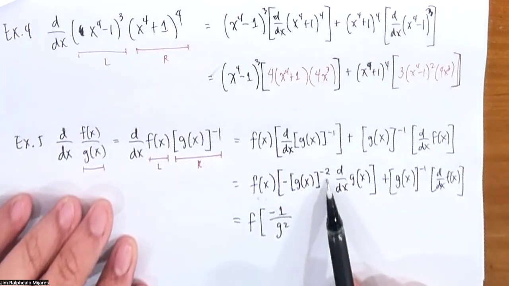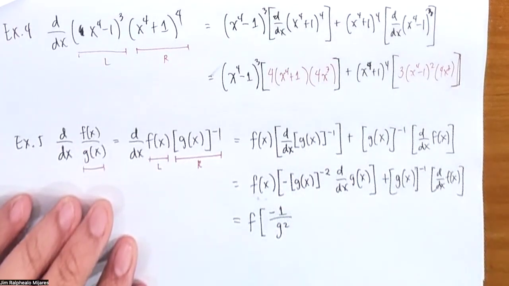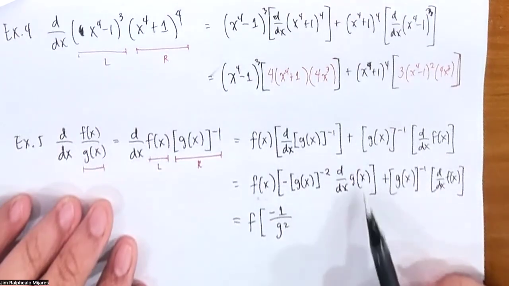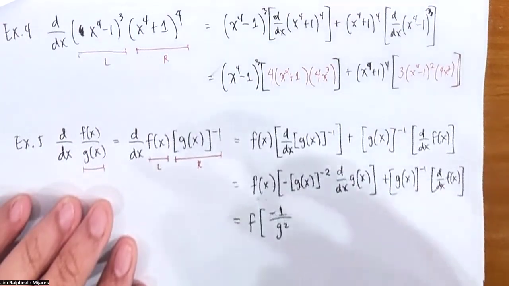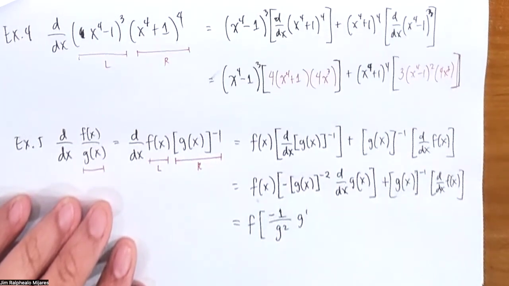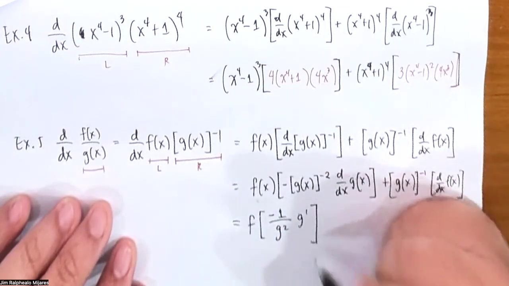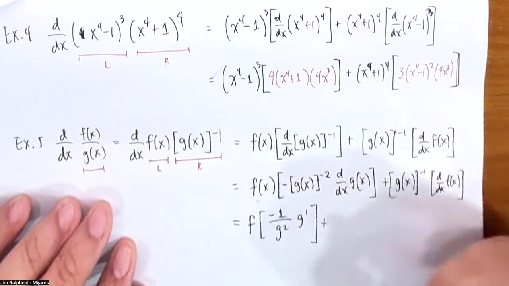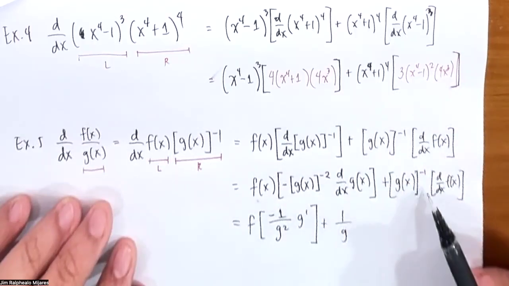Because it's g to the negative 2 times the derivative of g(x), which is g prime, okay, plus 1 over g, right?